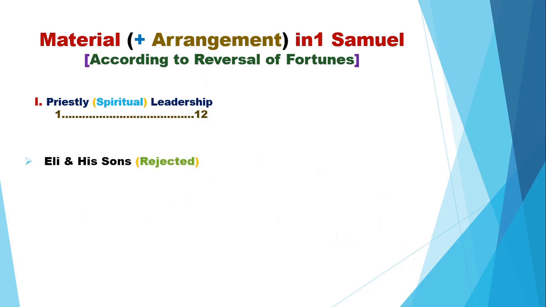The first characters there are Eli and his sons, who are later rejected by God. And then we have other characters, Hannah and her son Samuel, who are favored by God.